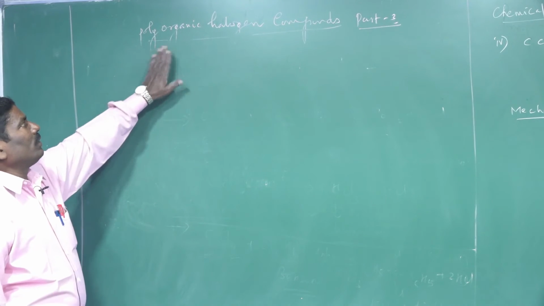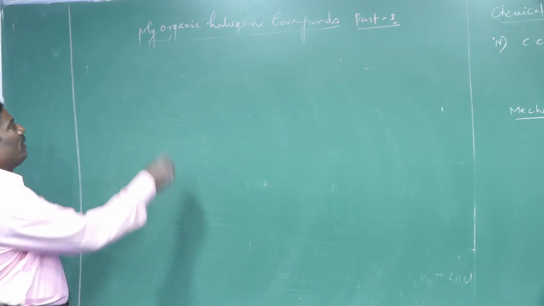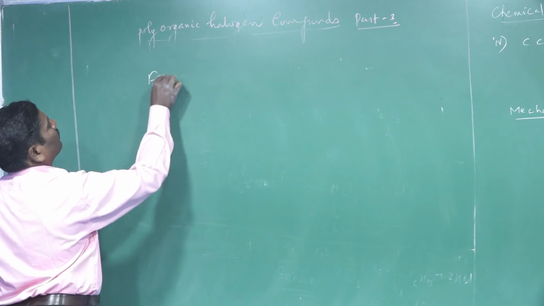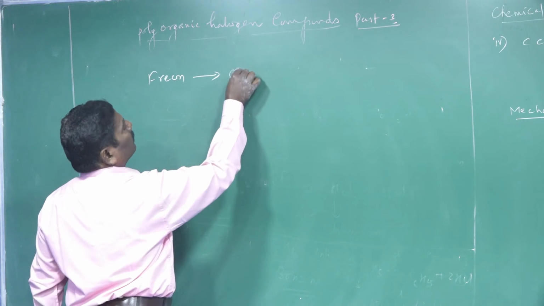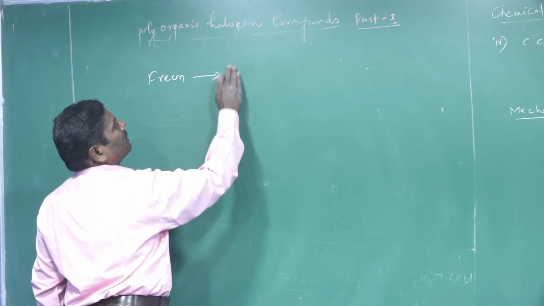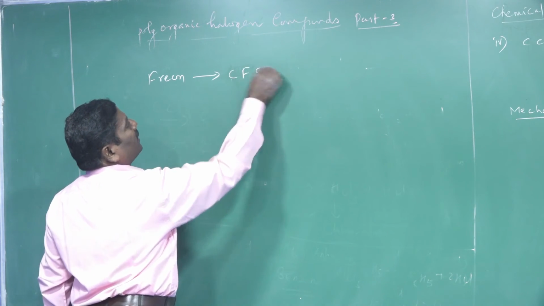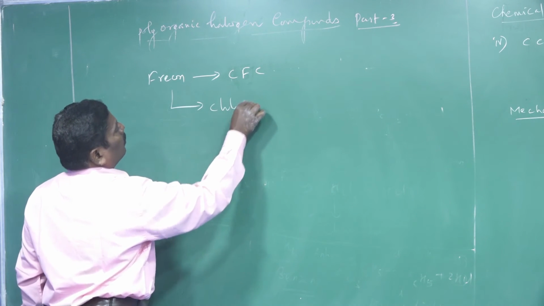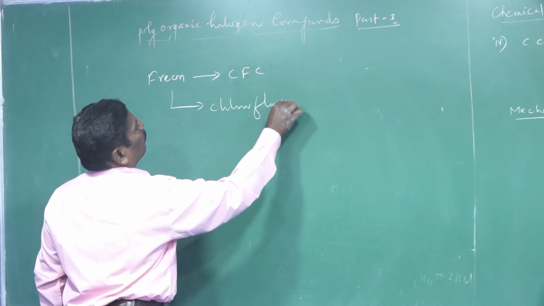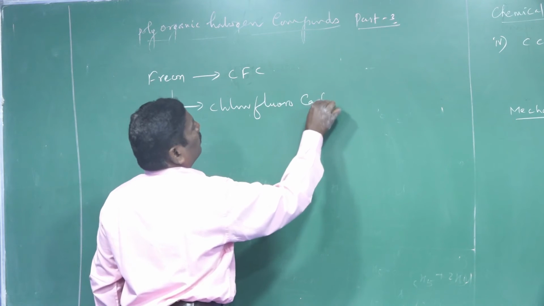We are going to see here, from these polyhalogen compounds, Freon. Freon is shortly represented as CFC. It is nothing but chlorofluorocarbon.